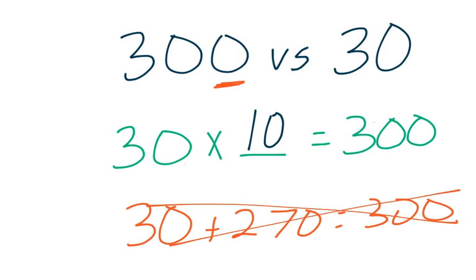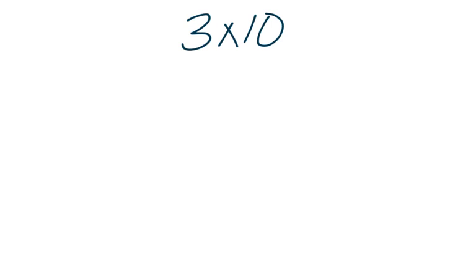We'd have to multiply times 10. When we multiply anything times 10, we're going to be adding a 0. Now, here's why. Let's take a look. Okay, we have 3 times 10. Let's make a picture to see what that looks like. We have 3, 10 times.